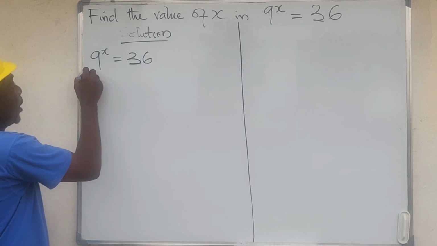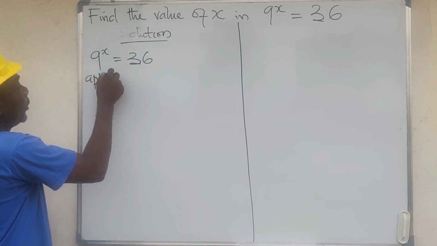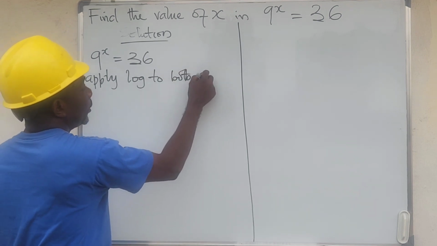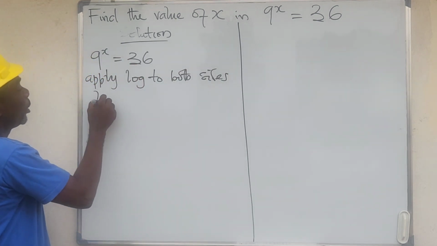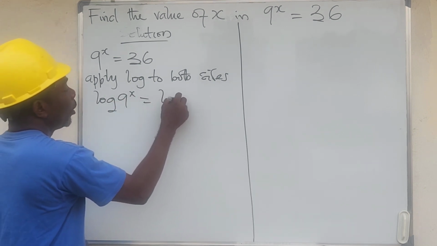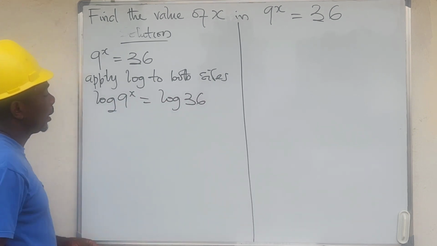So we apply log to both sides. In this case, it's going to be log 9 raised to the power of x equals log 36.